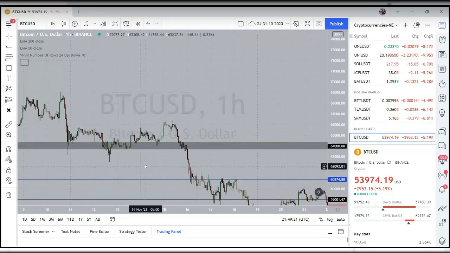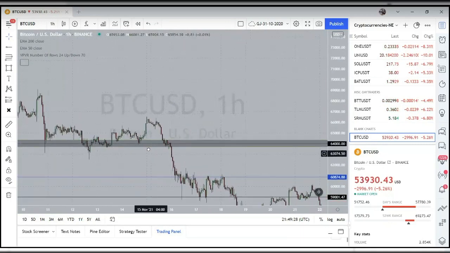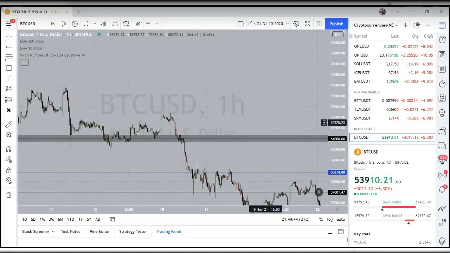But this just gives you an area where you can see the market is battling for this level. If you make this wider depending on the asset, or thinner depending on the asset, you will start seeing the market react in these ranges.